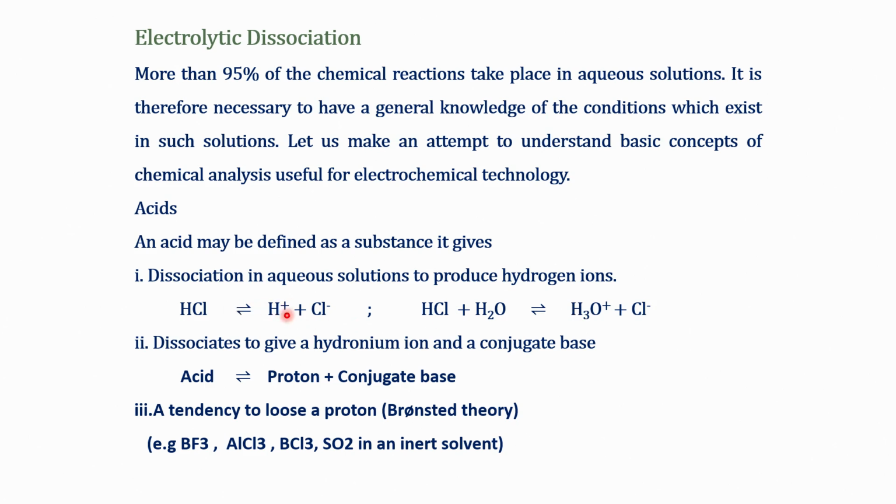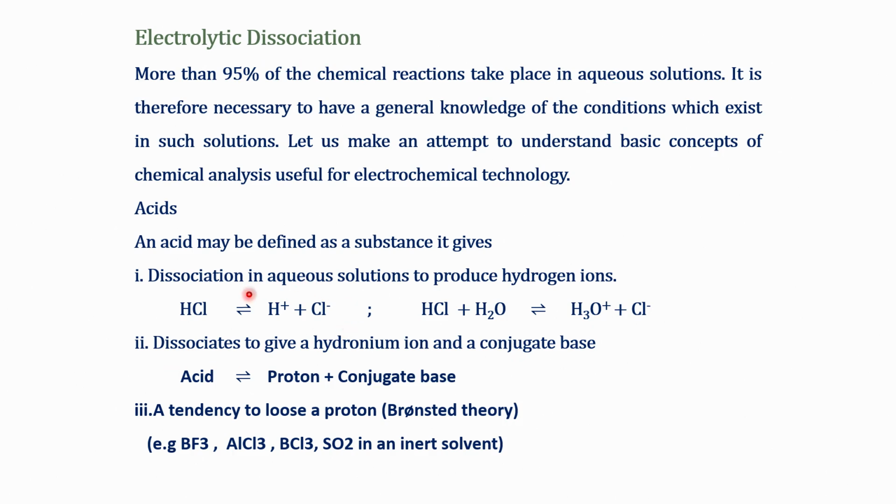H plus does not have an independent existence. This is a very standard way of writing in all modern textbooks, that HCl dissociates to give H plus and Cl minus, but we can also write that HCl will dissociate and react with water to give H3O plus, that is hydronium ion, and chloride ion.